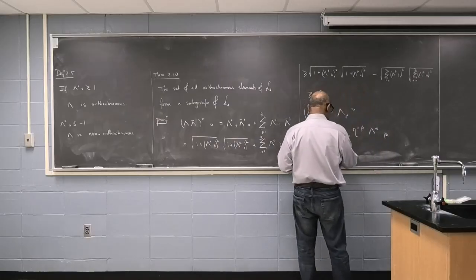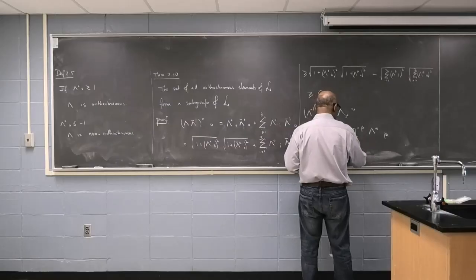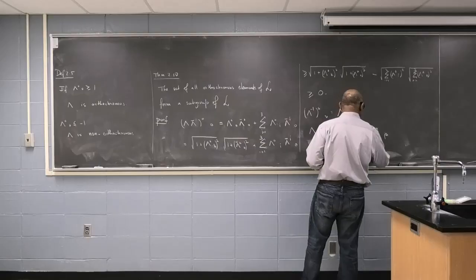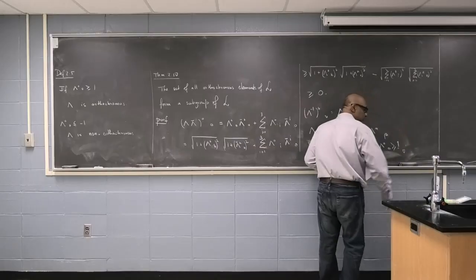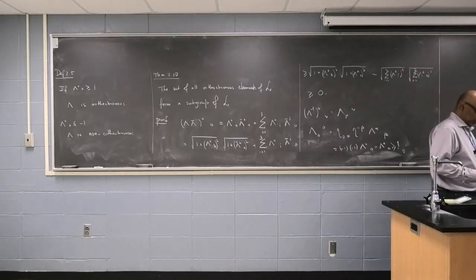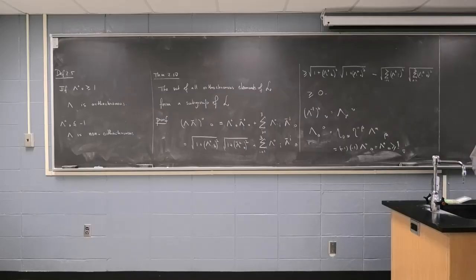They're both 0, so the only time this can happen is when alpha and beta are 0. That's greater than or equal to something. Well, yeah, because the original lambda is orthochronous.